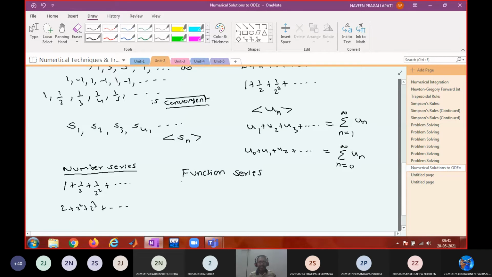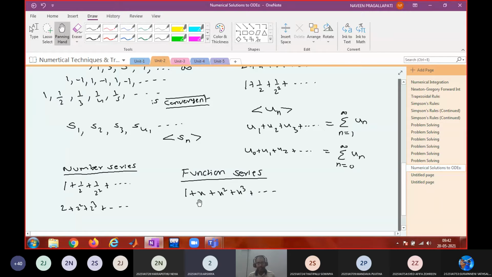What is a function series? Something like 1 plus x plus x squared plus x cubed plus and so on, where the terms of the series are in terms of x, or in terms of a variable. That is called a function series. Now, can you say that this function series is always convergent or divergent?